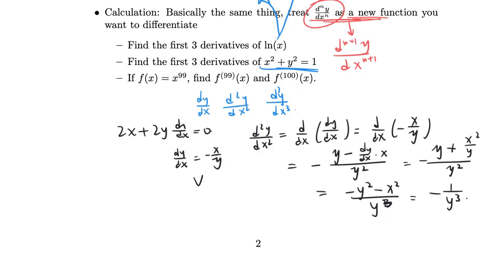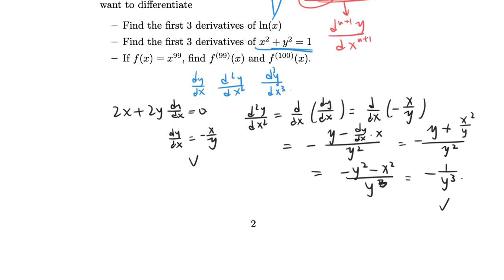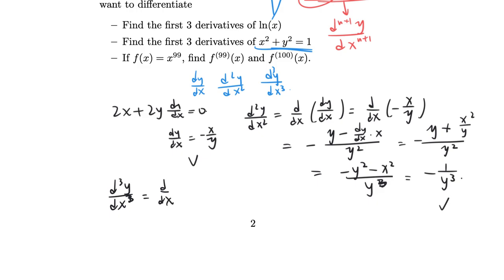Okay, so this is our d squared y over dx squared. And then we go on to do d cubed y over dx cubed. This is just the derivative of the second derivative, so it becomes d over dx of negative 1 over y cubed.